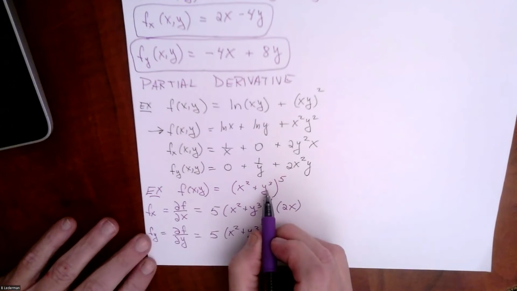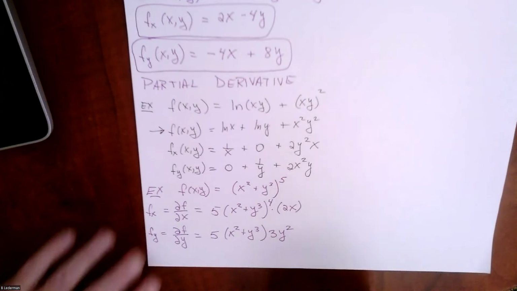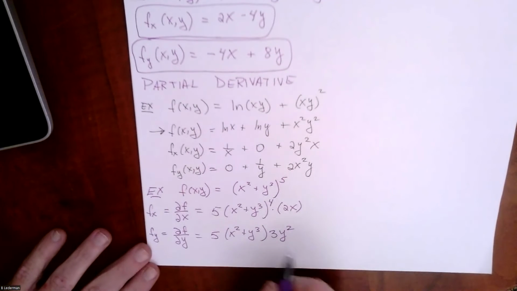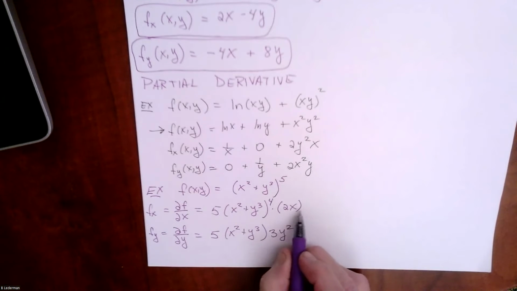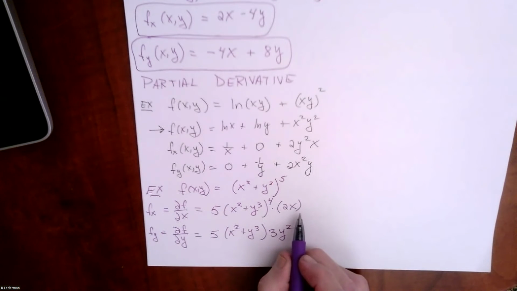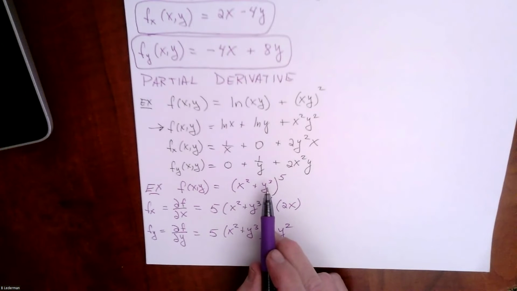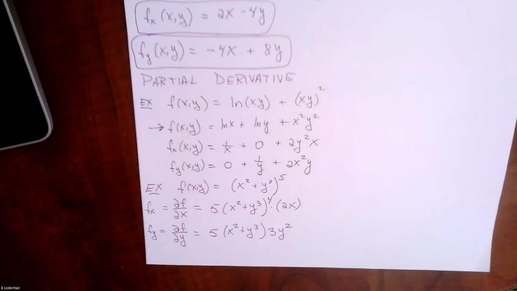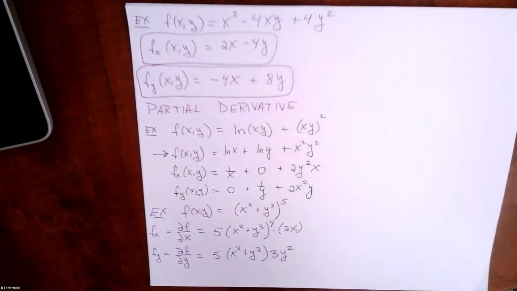Y cubed is the variable, and that's just 3y squared. And there you go. By the way, here I wrote parentheses, here I did not write parentheses. It wasn't truly necessary to write the parentheses here. It's just when I started this, we didn't know that the y cubed was going to disappear. Anyways, these are examples of how you do partial derivatives.